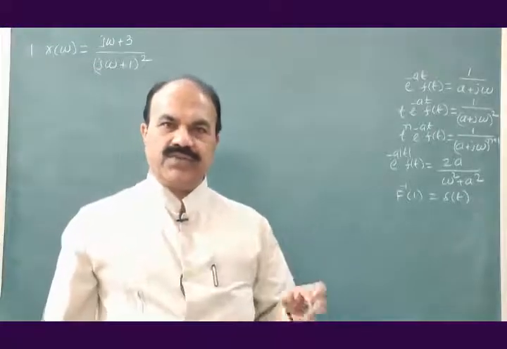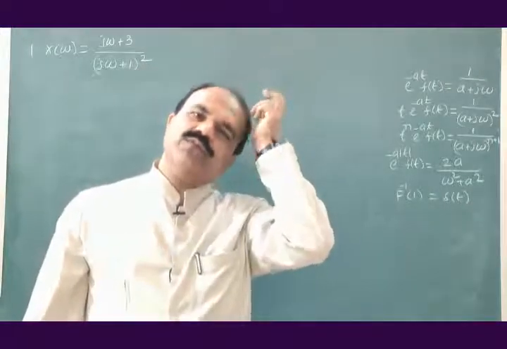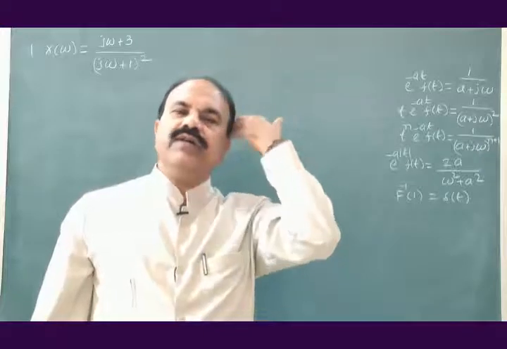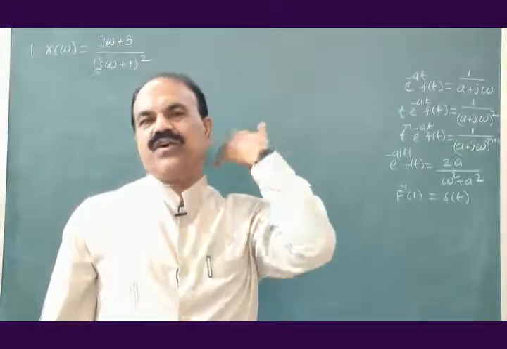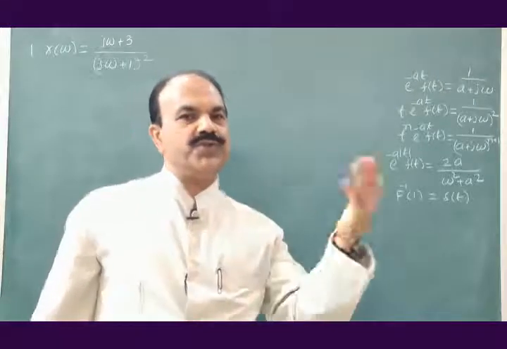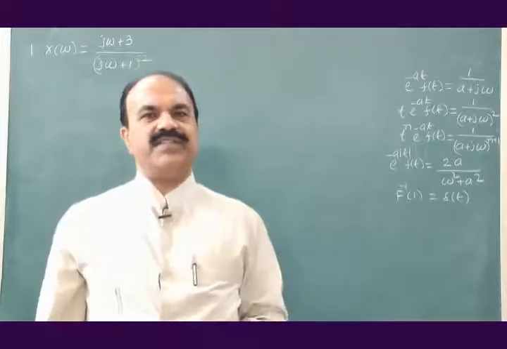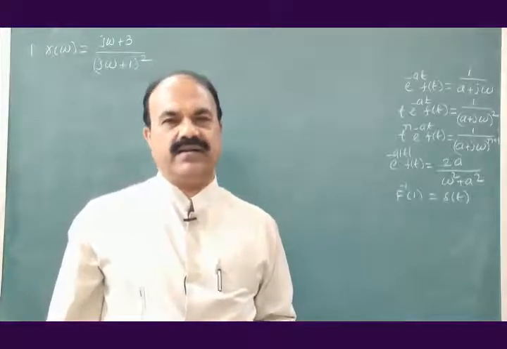Fourier transform: we have f of t as the function of time. Inverse Fourier transform is inverse to the Fourier transform, and inverse of time is frequency, x of omega.